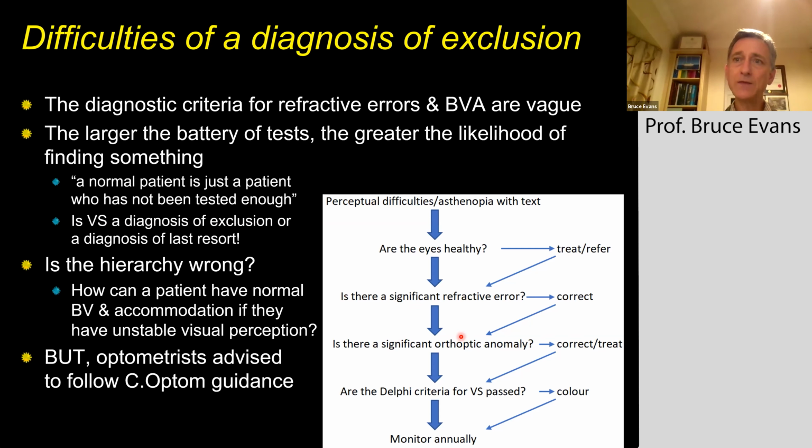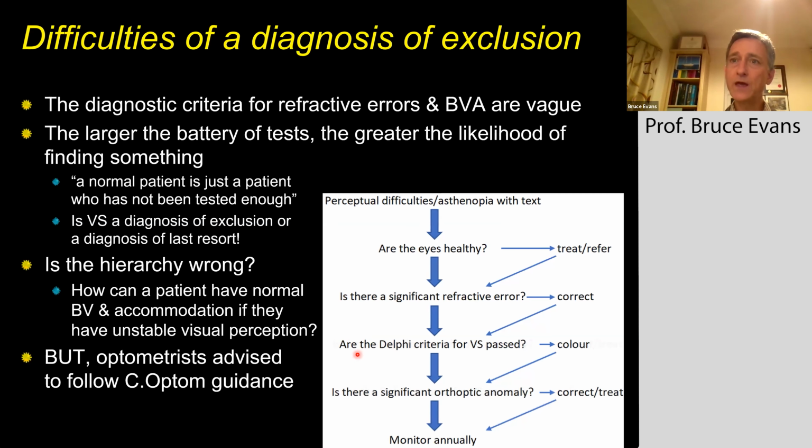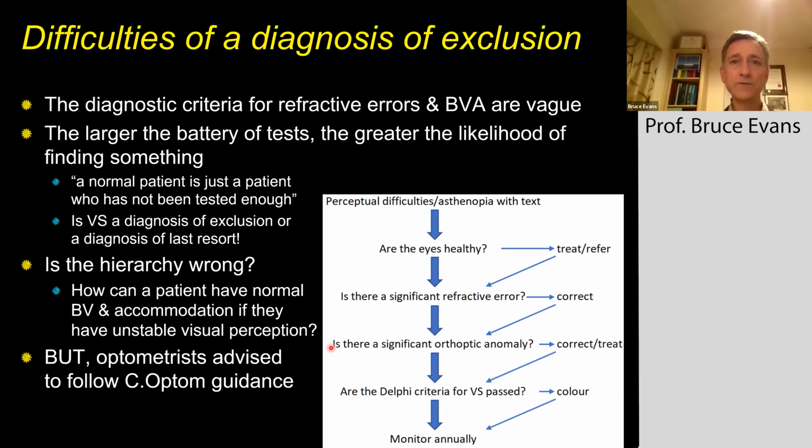So maybe in the fullness of time, we will look at this in a slightly different sequence, and we'll be saying that the Delphi criteria should perhaps be looked at before the binocular vision and the accommodation are assessed. But at the moment, of course, we need to do things in a conservative way and do the conventional first and follow the College of Optometrists guidance is the best advice.